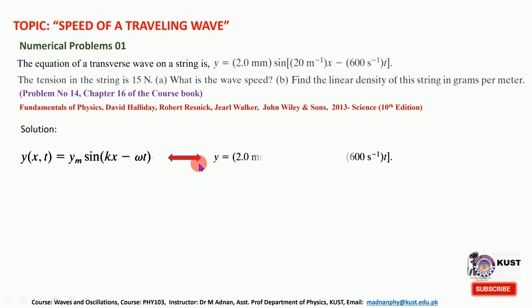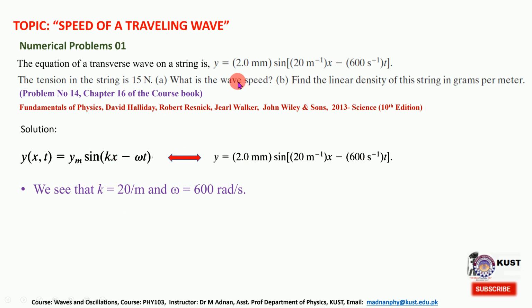If one compares the given information with this form, one can obtain that the amplitude is 2 millimeter, the angular wave number is 20 per meter, and the angular frequency is 600 radian per second. So this is the information one can find out by comparing the two forms.